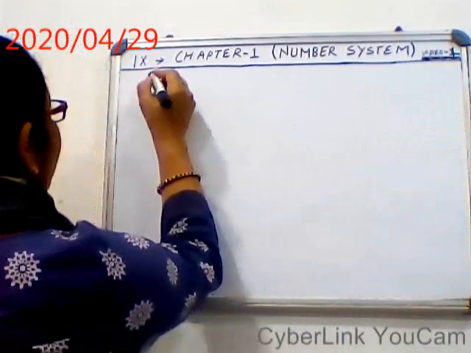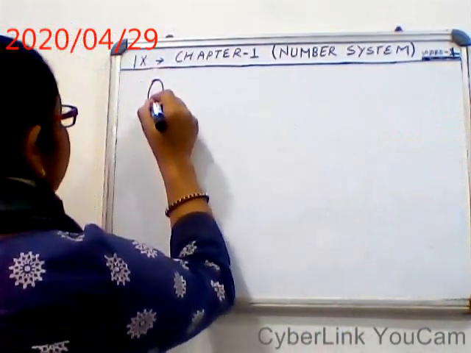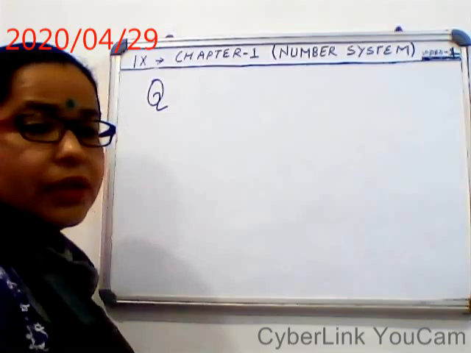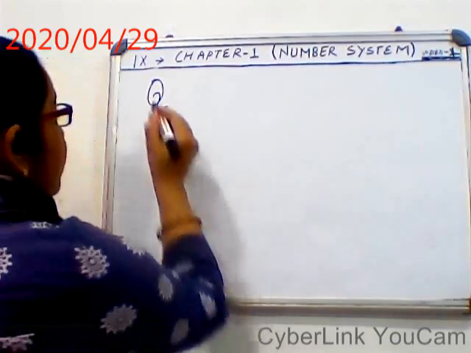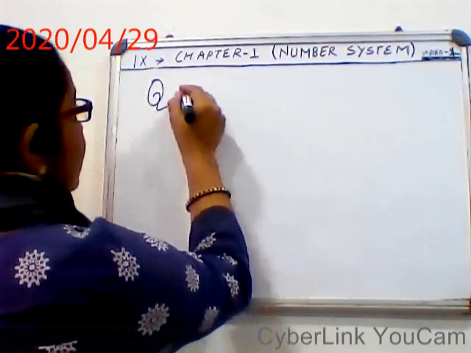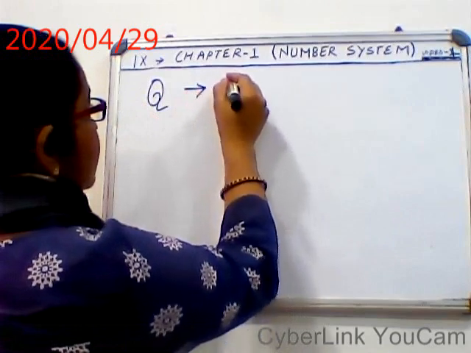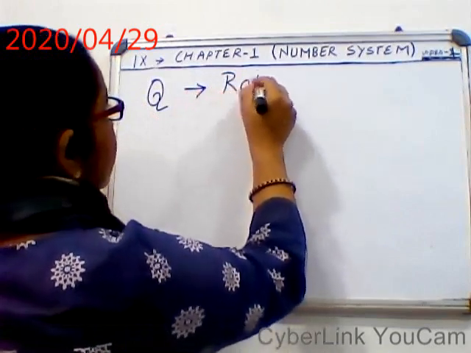Now, one more number system, the group of numbers you studied in your 8th class, represented by Q. If you can recall, it was rational numbers.